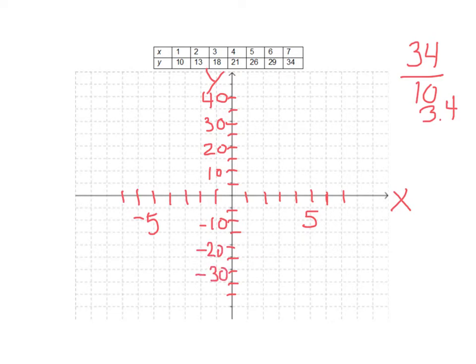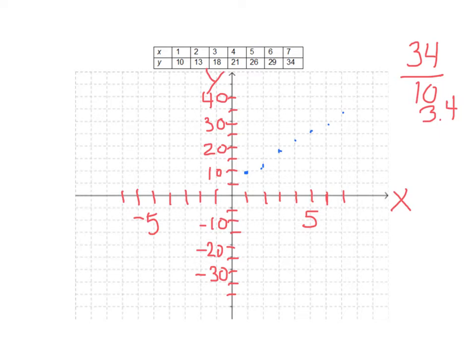All right, so once I've properly scaled my axis, then I can plot my data. So let's do that real quick. So if x is 1, y is 10. If x is 2, y is 13. If x is 3, y is 18. 4 is 21. 5 is 26. 6 is 29. 7 is 34.